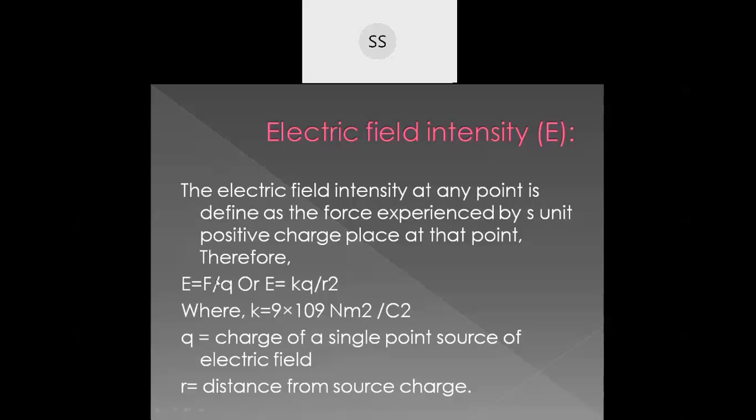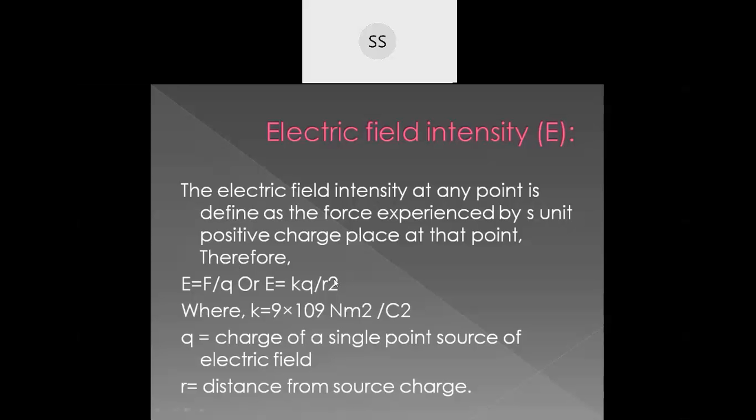See, if we put the value of F in this place, F was which? K Q1 Q2 by R square, right? And so E equal to K, after cancelling out the test charge.